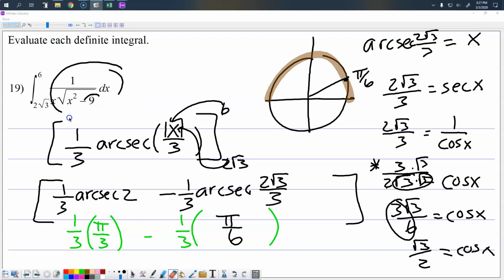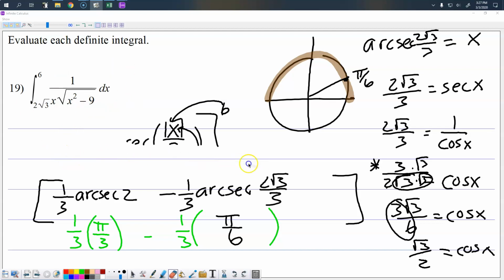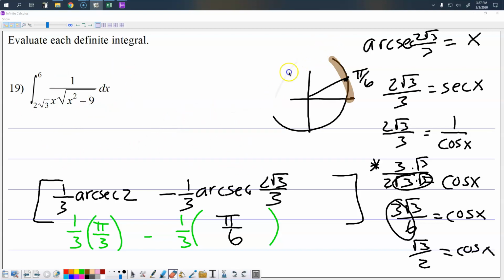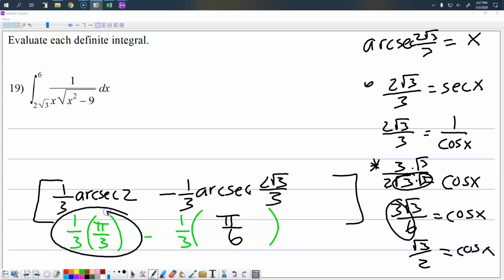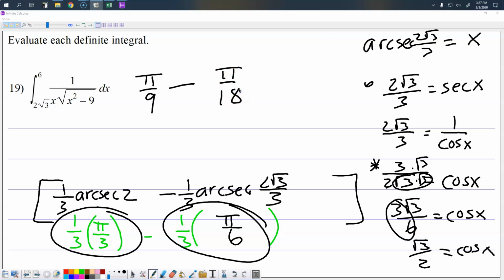Okay, so multiplying 1/3 times pi over 3, we end up with pi over 9, minus 1/3 times pi over 6, which is pi over 18. Let's get a common denominator so we can actually do the subtraction. And we get 2 pi over 18 minus pi over 18, which gives a final answer of pi over 18.